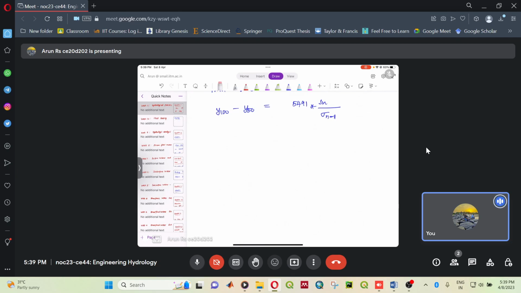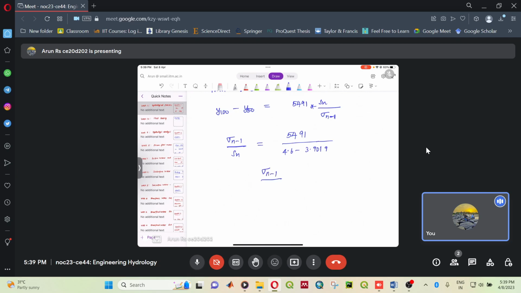Now we know the value for y100 also, y50 also. So we can find out what is sigma n minus 1 divided by Sn. That will be equal to 5491 divided by y100 minus y50, that is 4.6 minus 3.9019.